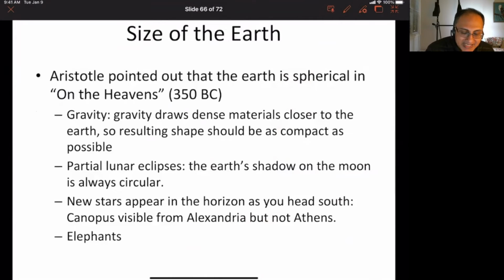I'll just mention this one thing because it's really interesting. We know the size and the shape of the Earth. The Earth is spherical, and we have a pretty good idea of how large it is now. This was actually not very well known. People had to be really clever to figure out that the Earth is actually spherical.